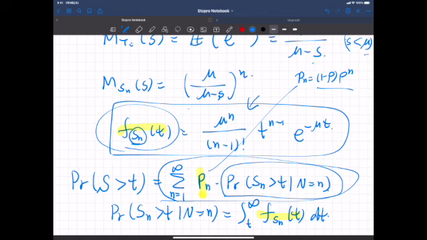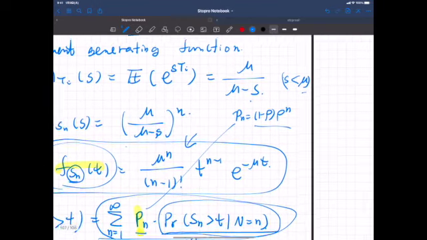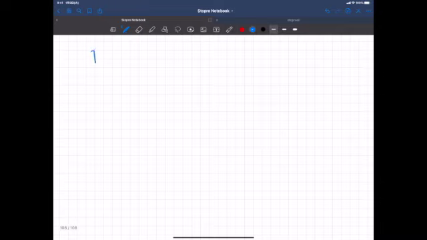So if there are n customers, the distribution function is this. If we put these all together, we should have the distribution function of waiting time, irrespective of the number of customers.